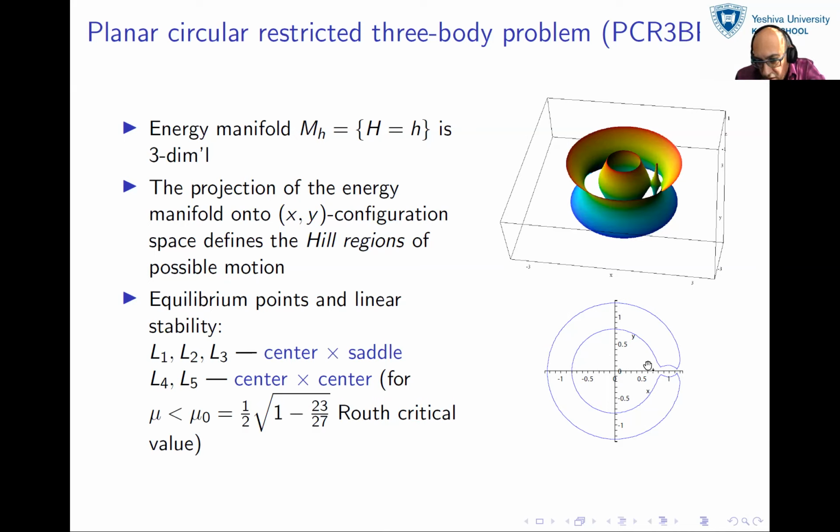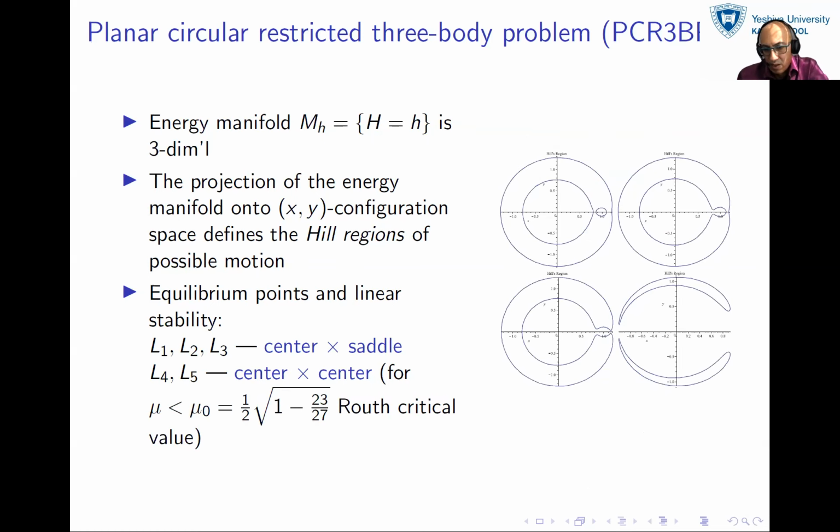So the hill region is the region where motion can happen at this energy level. It can happen around the Earth, it can happen around the moon, where it can go out and take big turns around this whole region. So this is where the motion of the spacecraft can take place for a given energy level.